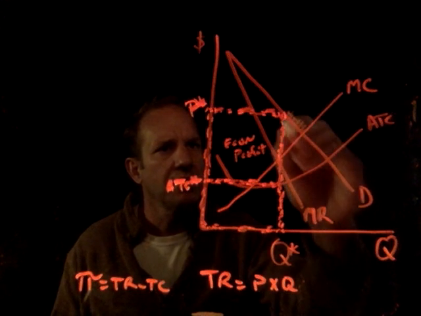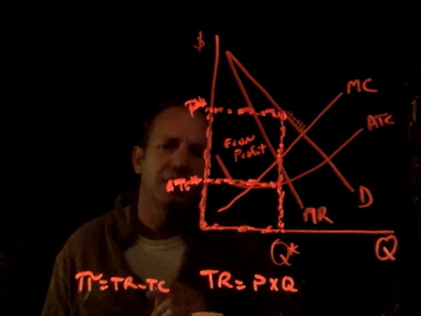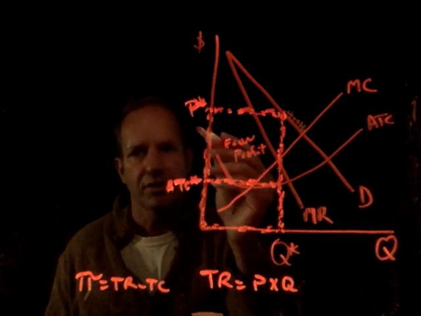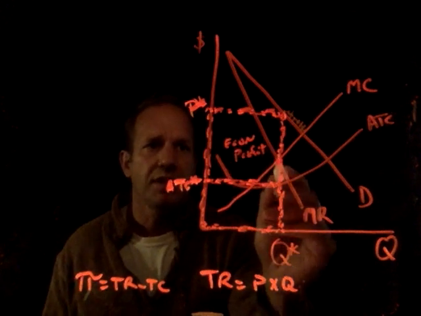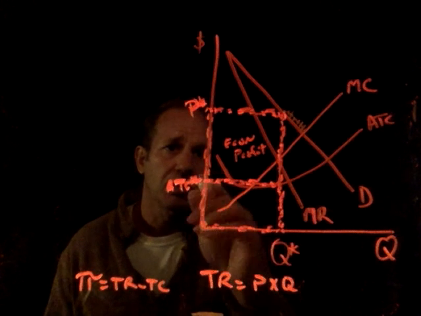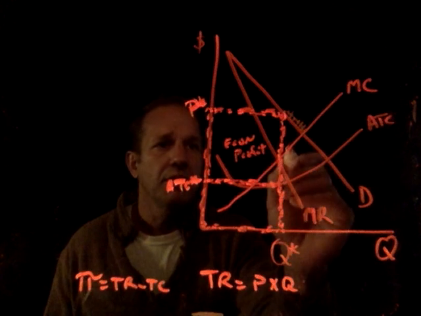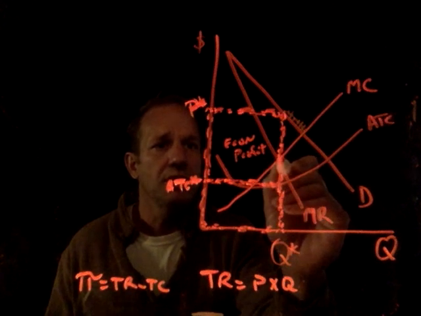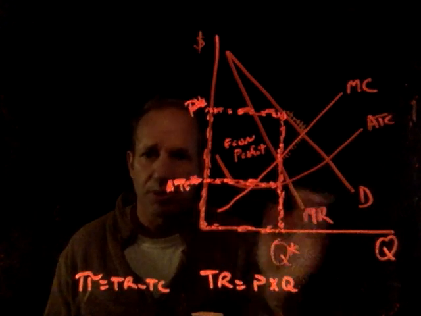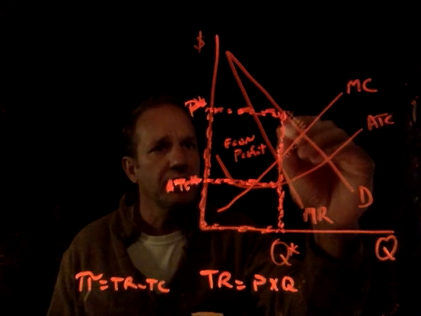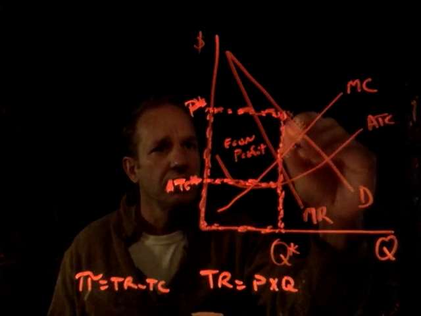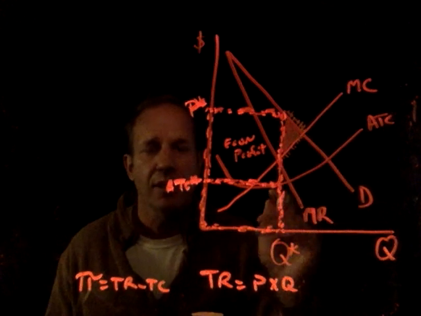All this segment of the demand curve right here. And the price is higher than they're willing and able to pay. So if you think back to consumer surplus, those are people who are out of the market. And that's something that the monopolist is incentivized to do in order to earn that rectangle of profit. But the monopolist would be willing and able to produce all of this along here, but won't produce it. So we have a loss of production of this triangle right here for which the monopolist does not benefit.